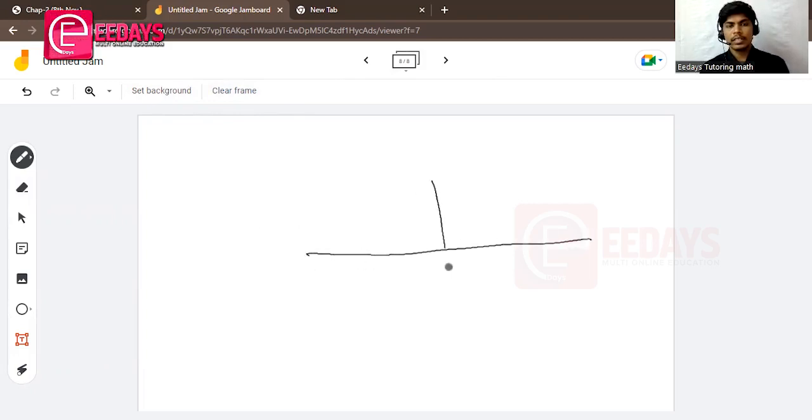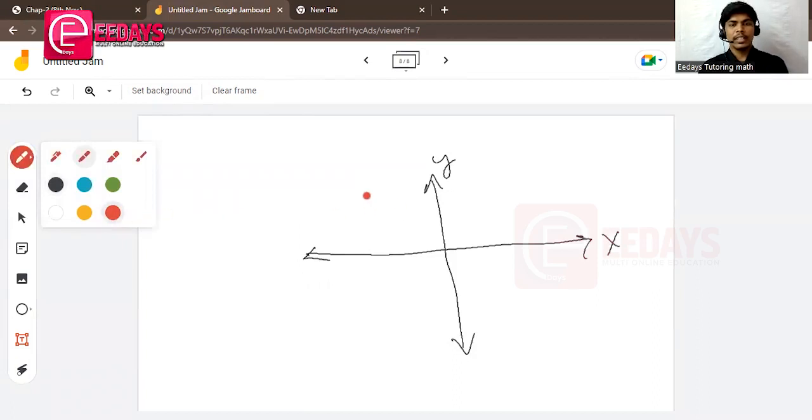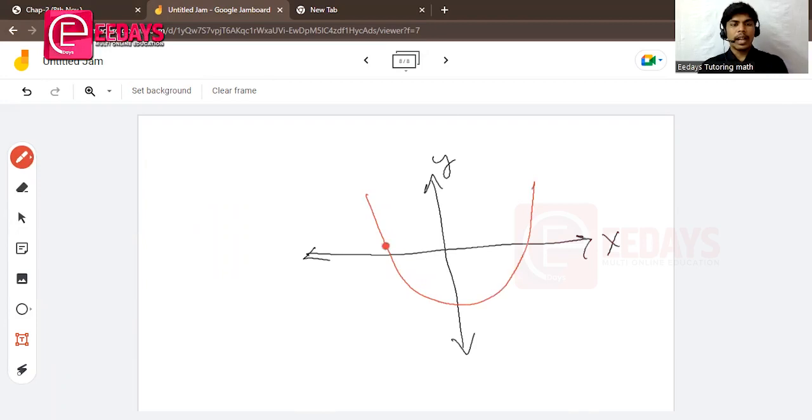This is the x-axis and y-axis like this. Ignore the diagram; I'm drawing this for your understanding. You'll get the graph like this. And let's take y is equal to 2x square plus 3. Okay, this is the graph. After substituting all the values, you'll get the graph like this.